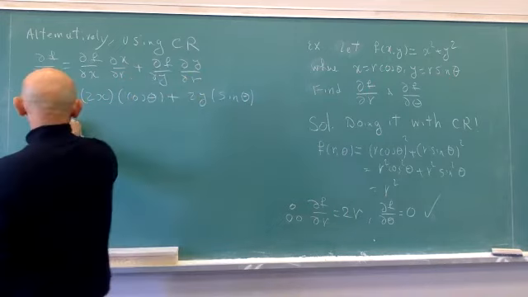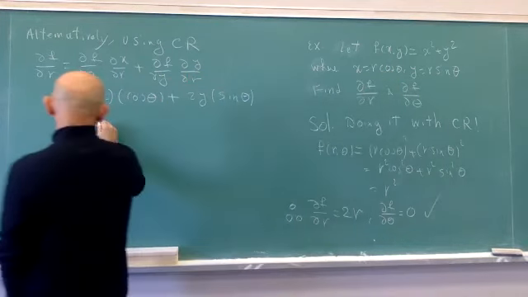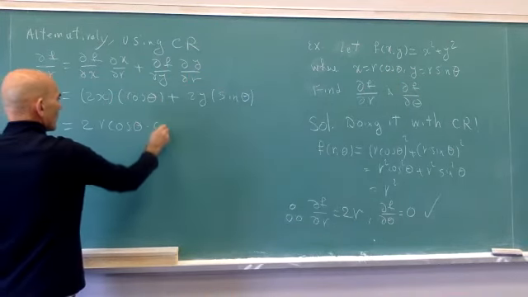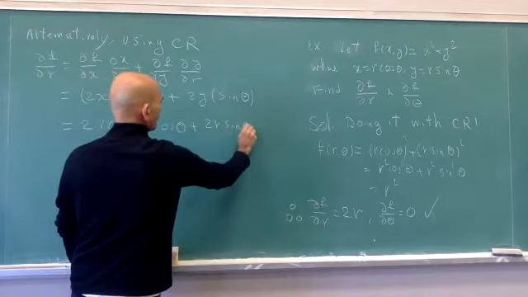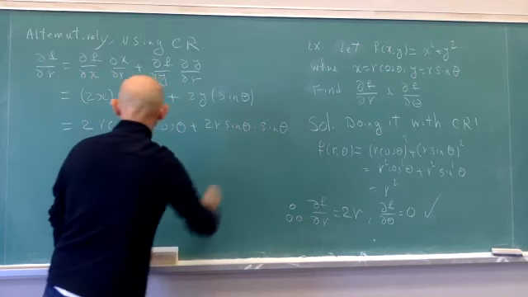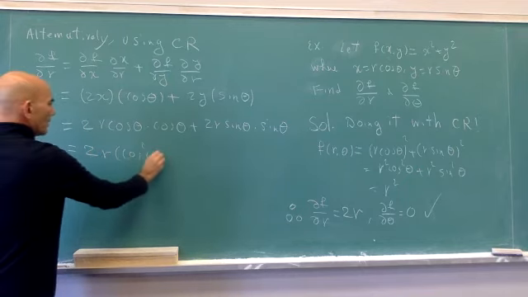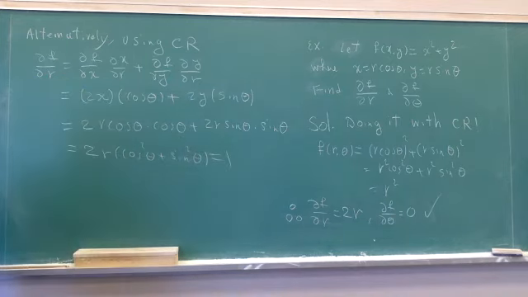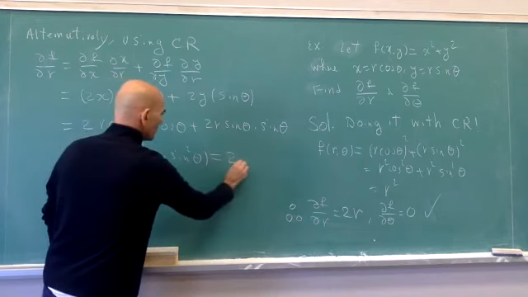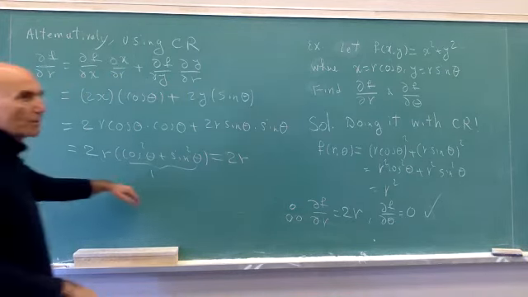But we are not done. We have to replace x by its r theta value, which is r cosine of theta, times cosine of theta, plus 2r sine of theta times sine theta. So that's equal to 2r times cos squared theta plus sine squared theta, but that's equal to 1. Oh, no, 2r. Sorry, this is 1. This is 2r. So that's good because it verifies what we already know.